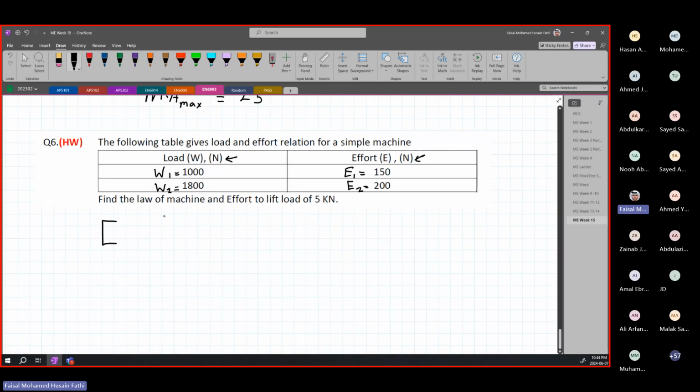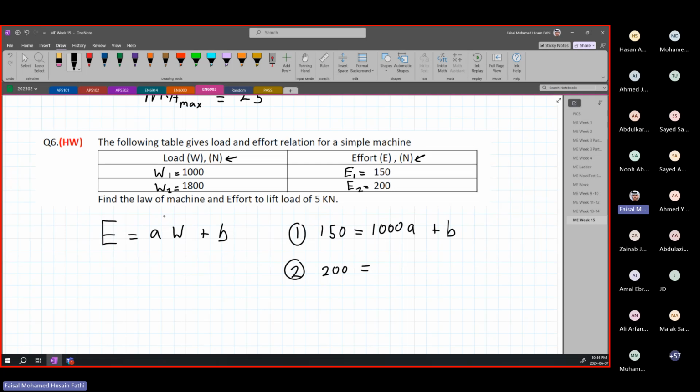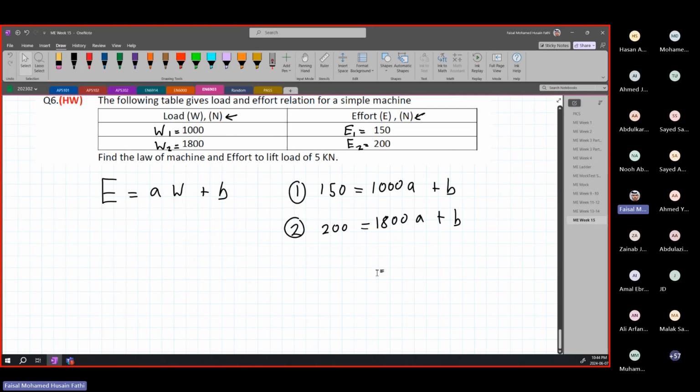Again, law of machine is E is equal to A W plus B. You're going to write your two equations. So for the first one, it's 150 is equal to 1000 A plus B. Your second equation is 200, which is equal to 1800 A plus B. Okay?